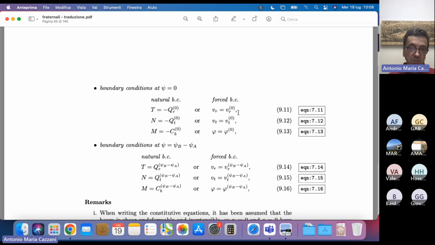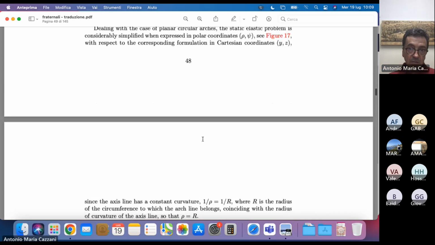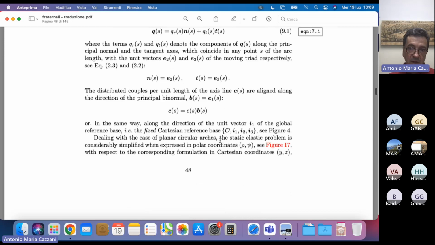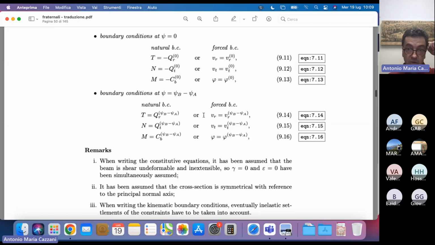Of course, these are prescribed, they generally are 0, but we can assign any value, meaning that in this case there are some prescribed constraint settlements, inelastic settlements at the boundary if these are different from 0. And at the generic end corresponding to point B, where psi B is a value of the anomaly, then the boundary conditions are of this kind.